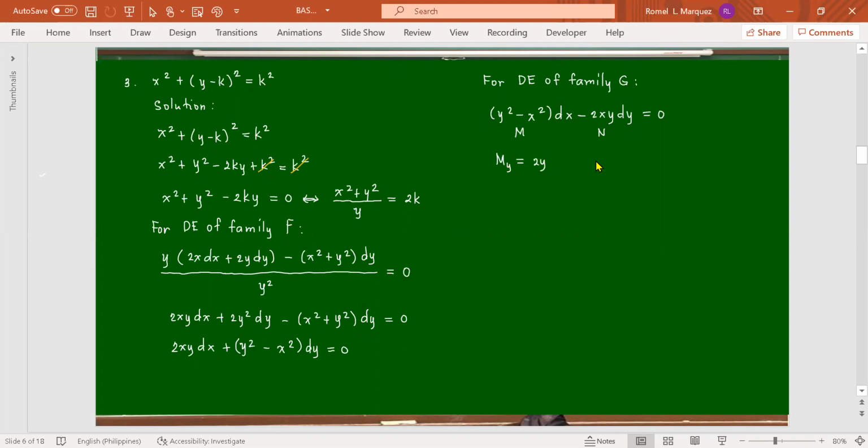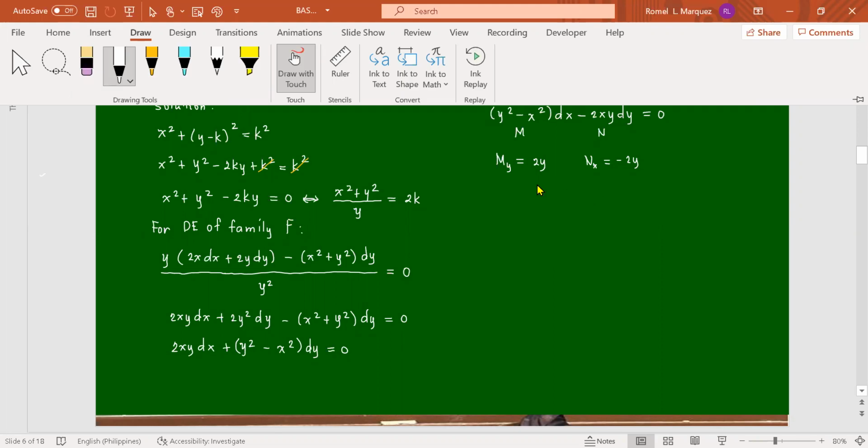What about here, the partial derivative of N with respect to x? It is equal to negative 2y. So it's not exact. So this is a non-exact DE.